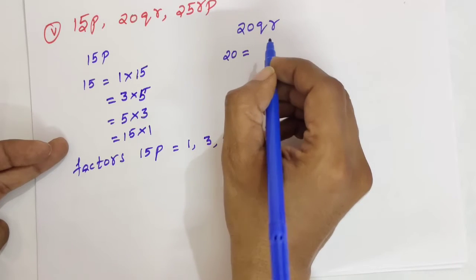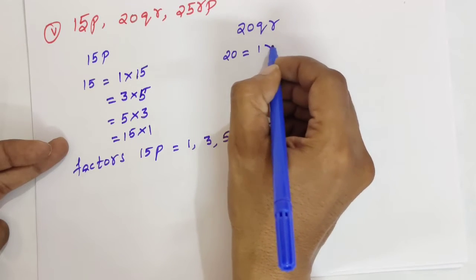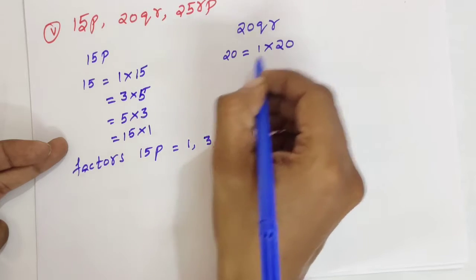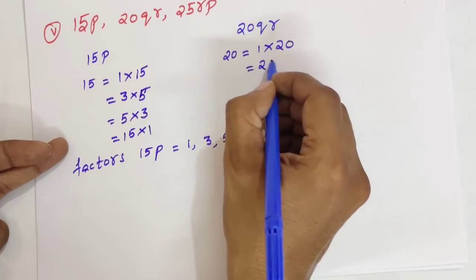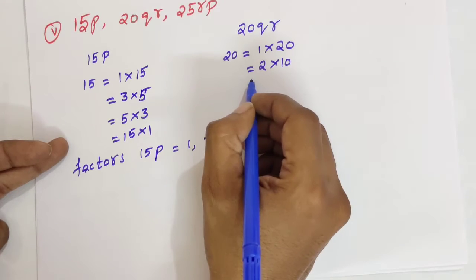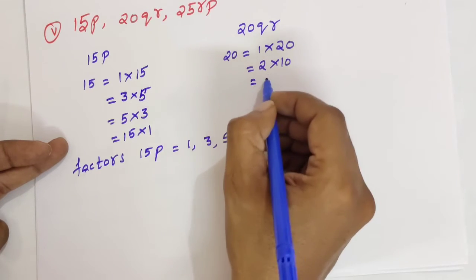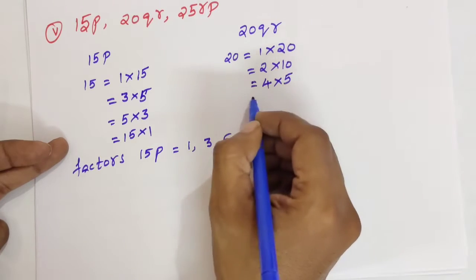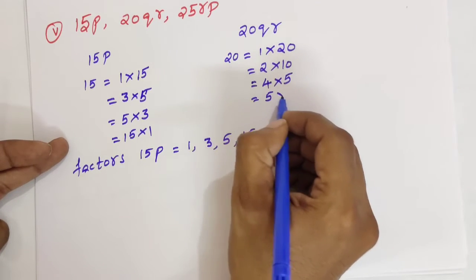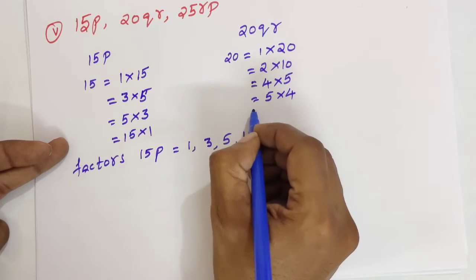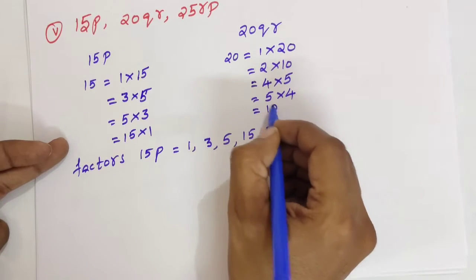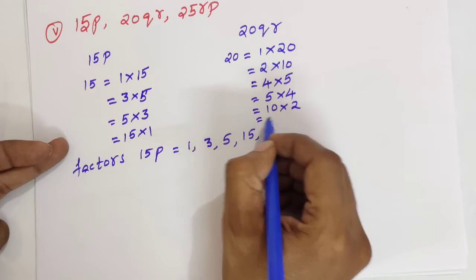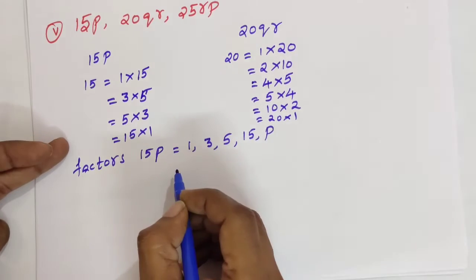So 20 can be written as 1 into 20 by the 1 table, again 2 10s, by the 4 table 4 5s, then 5 4s, then 10 2s, and the last 20 1.